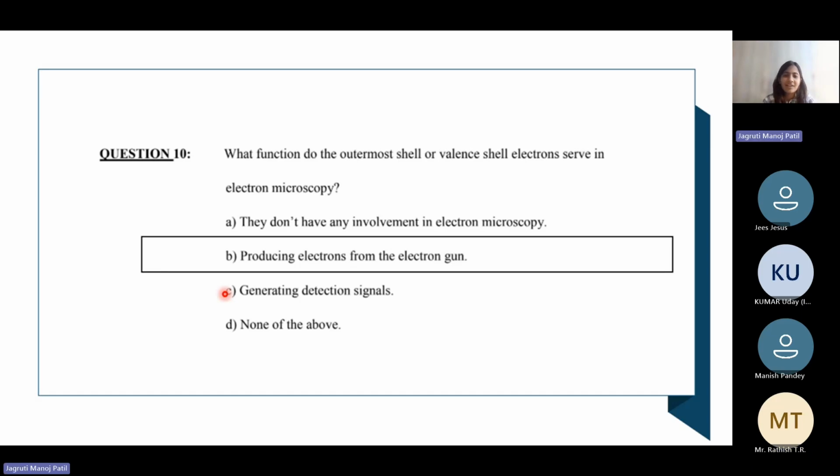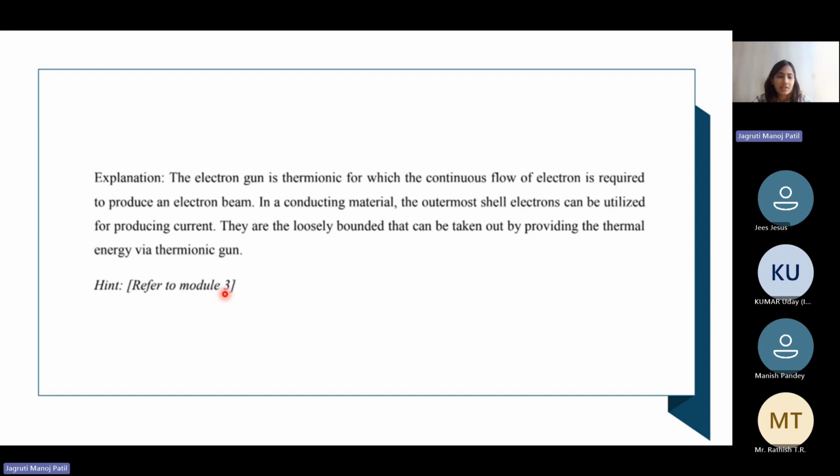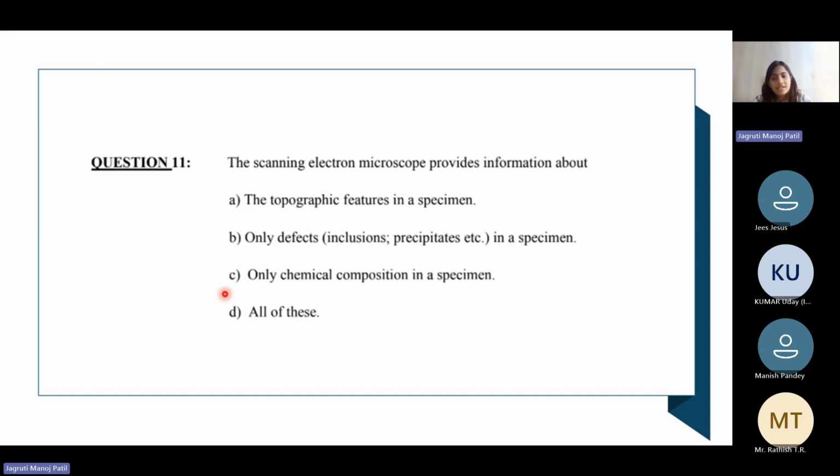Exactly. These electrons are our only means of being involved in electron microscopy. So A and D are cancelled out, and for detection you have something else. They only help you produce electrons from the electron gun, and hence eventually a current is generated.